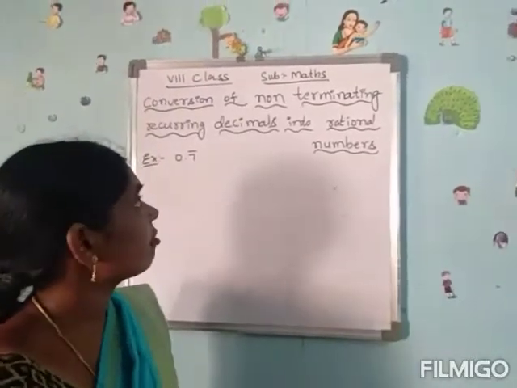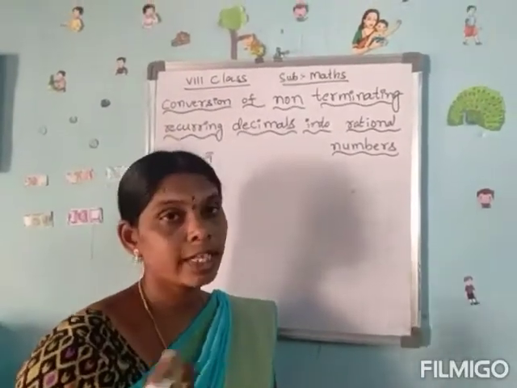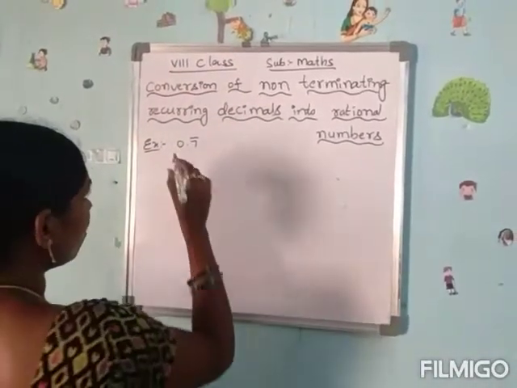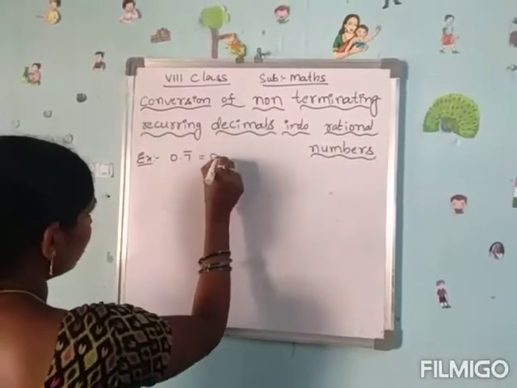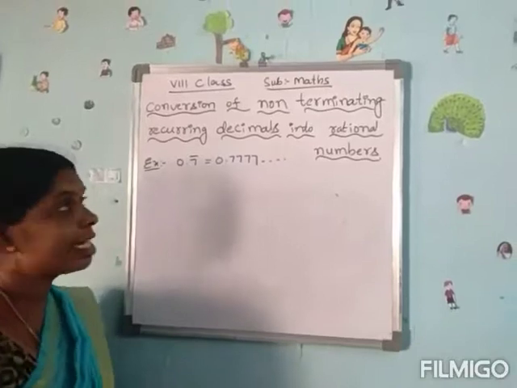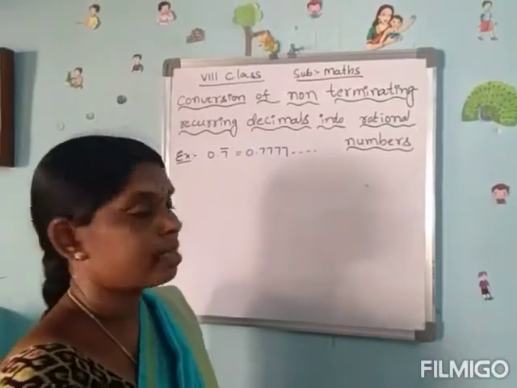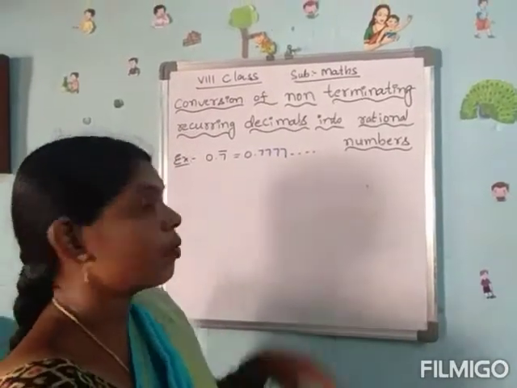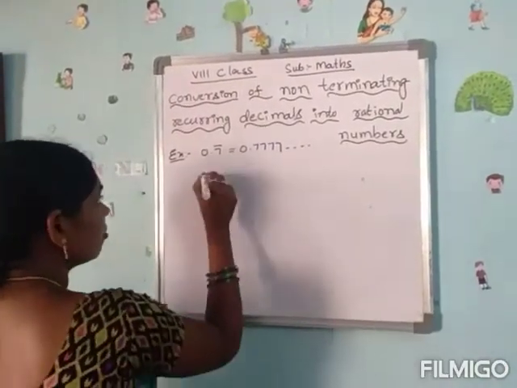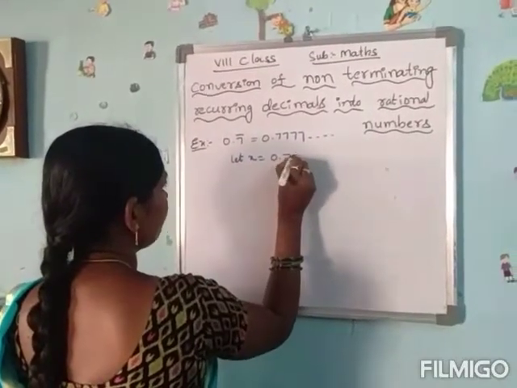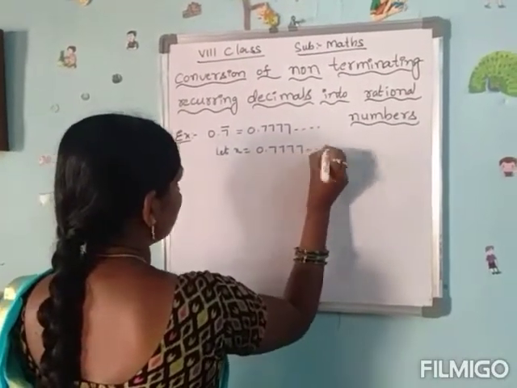Next, conversion of non-terminating recurring decimals into rational numbers, P by Q form. Here 0.7 is nothing but 0.7777 and so on. It is a non-terminating recurring decimal. So how do we convert this non-terminating decimal into rational form? Let x equal 0.7777 and so on.